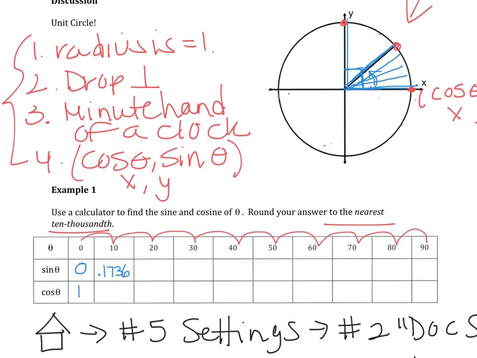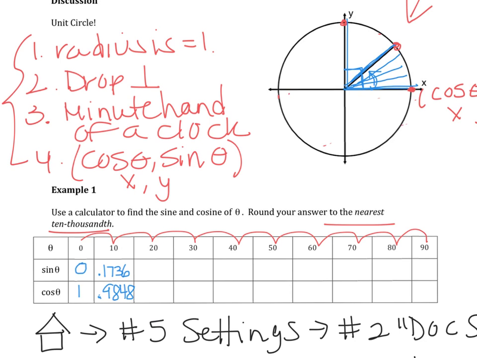So trig button to the left of 7, select cosine, put in 10, hit enter. And the 10 or any of the angle measures go in between the parentheses. And you should get 0.9848.